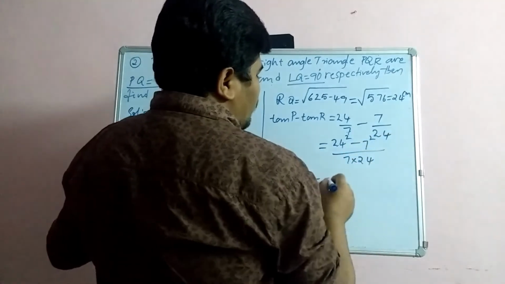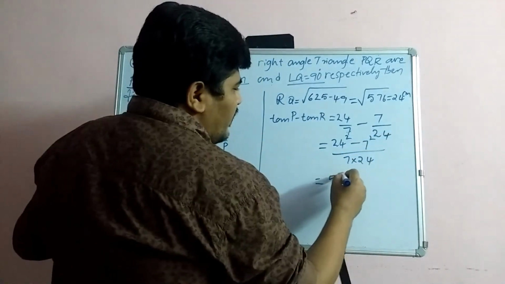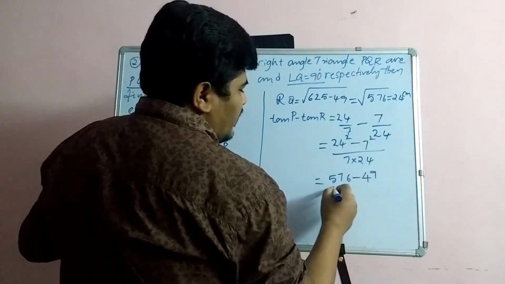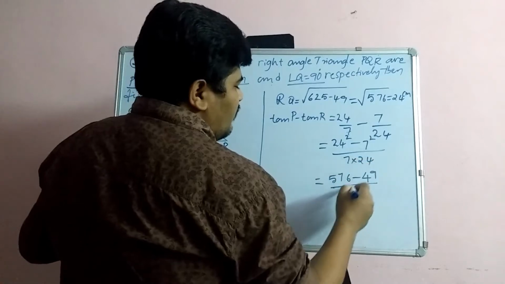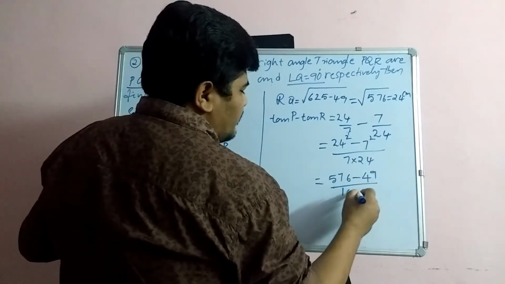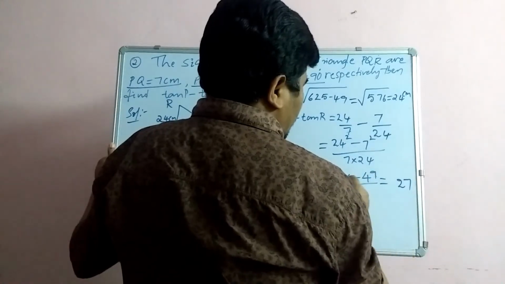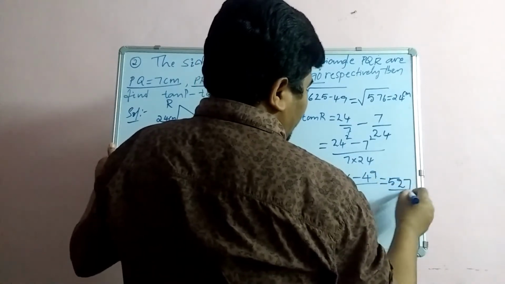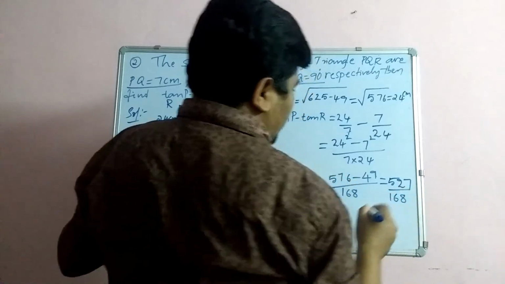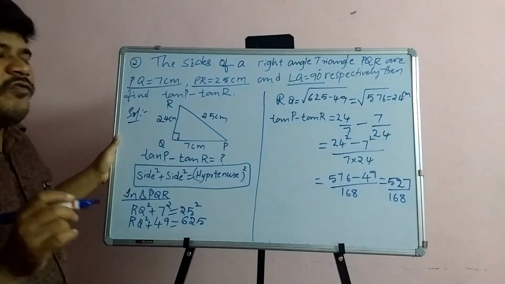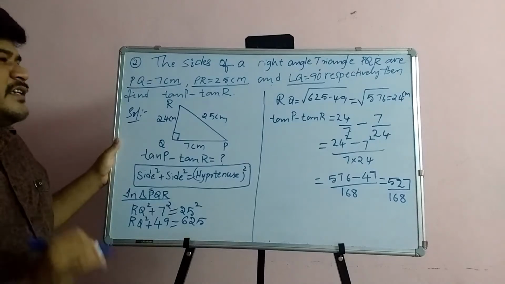So 24 square value is 576, minus 7 square value is 49, by 7 24s are 168. So we will get tan P minus tan R value as 527 by 168.